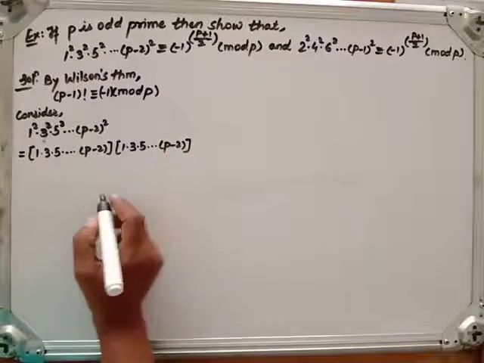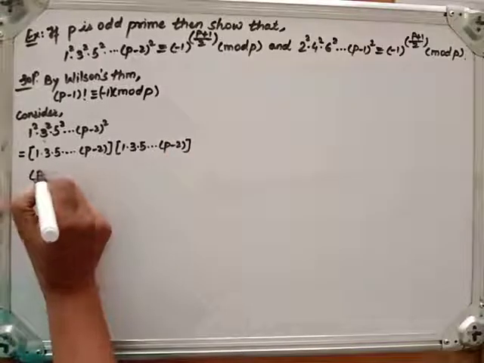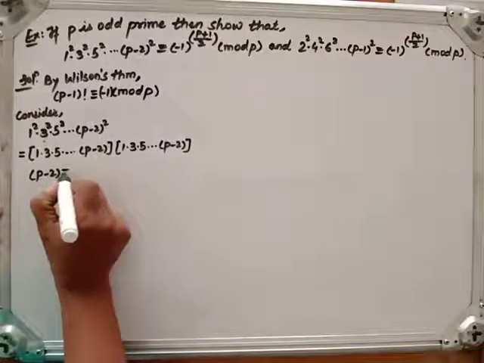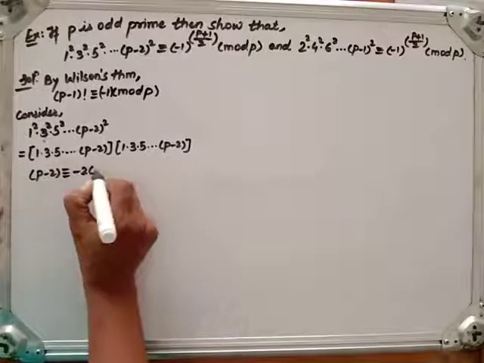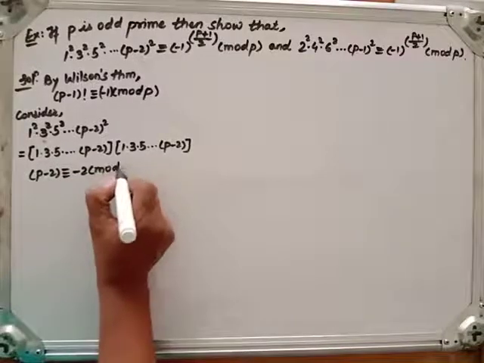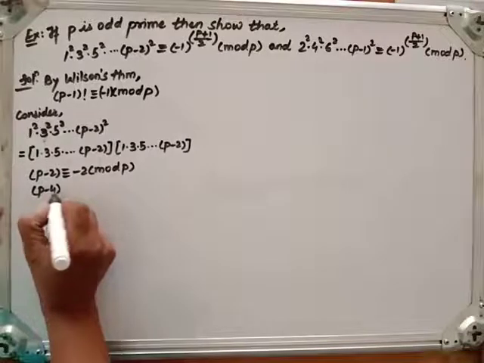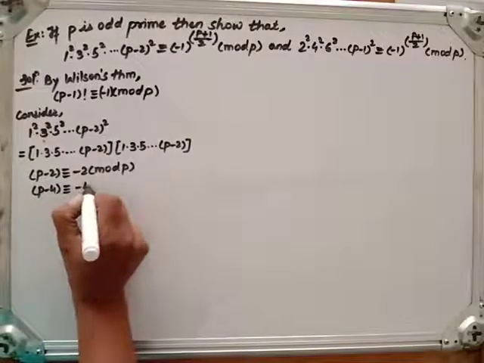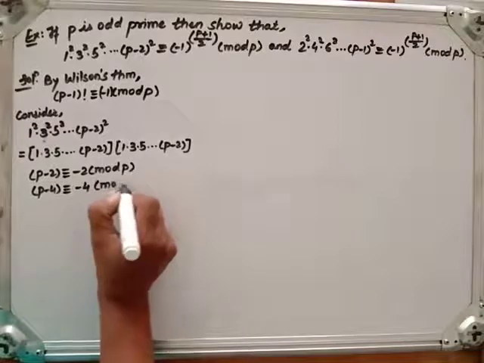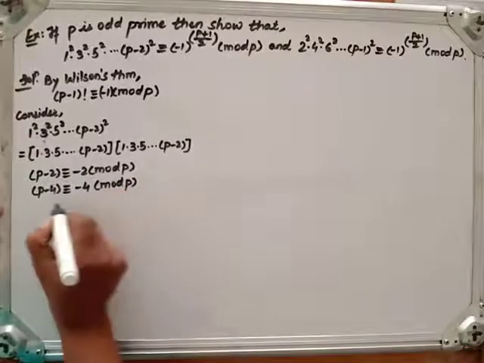Okay. Now here p minus 2 is congruent to minus 2 modulo p and p minus 4 is congruent to minus 4 modulo p.